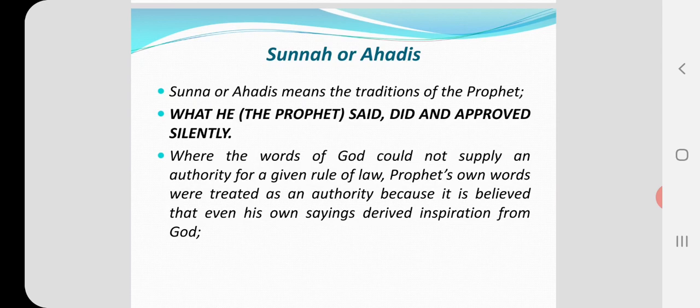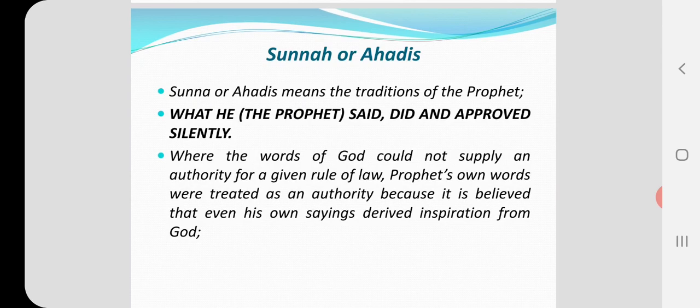We will come to that, and you will get to know those names also, where whatever Prophet said, did, or silently approved has been recorded.